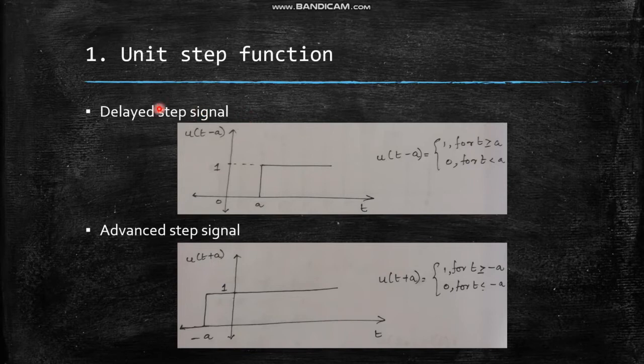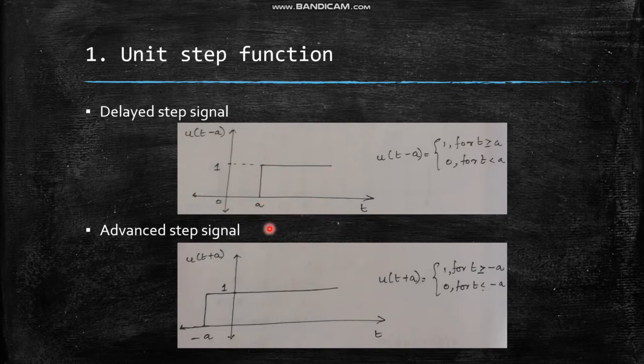Then there is a delayed step signal and an advanced step signal. In case of a delayed step signal, the value is represented as u of t minus a, where a is the shift from the t equal to 0 position. It is shifted by a value of a to the right. The condition for satisfying this is u of t minus a equal to 1 for t greater than or equal to a and 0 for t less than a.